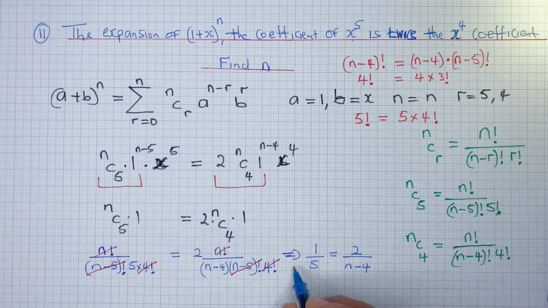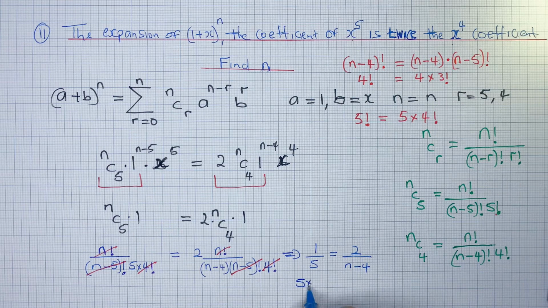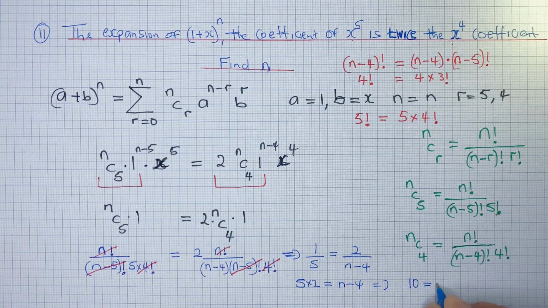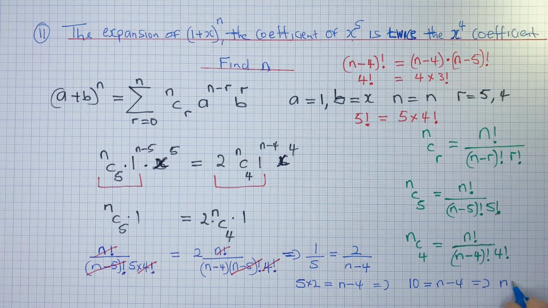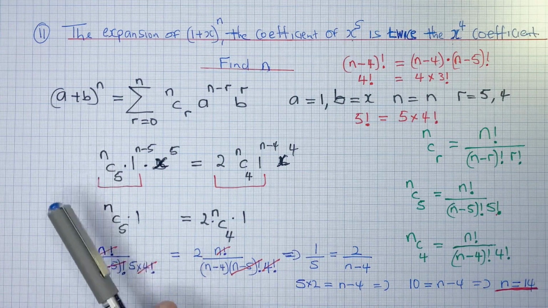So if I cross multiply, n minus 4 times 1 and 5 times 2, I will get 5 times 2 equals n minus 4, which implies that 10 equals n minus 4, and that implies that n equals 14. So n equals 14 is the value of n that we're looking for.